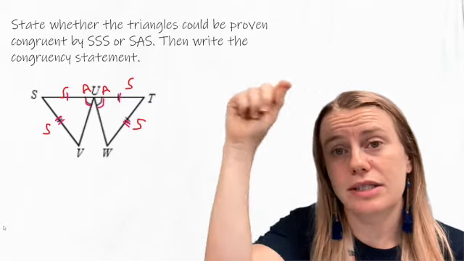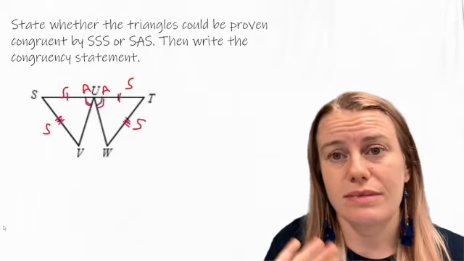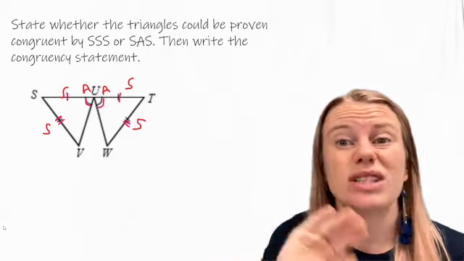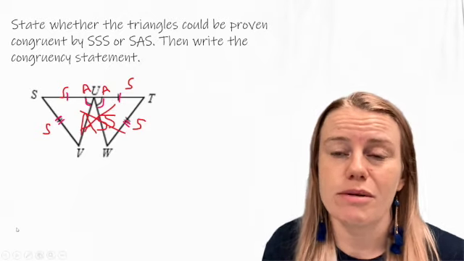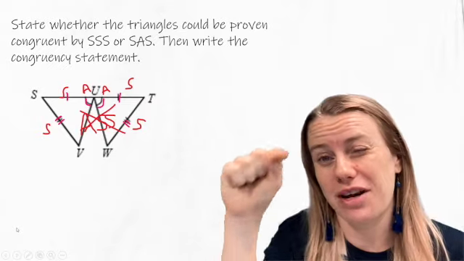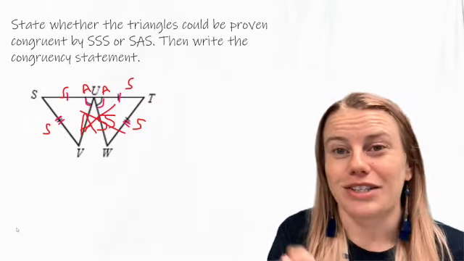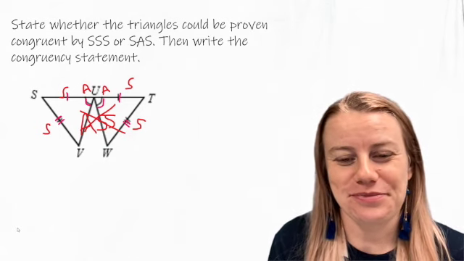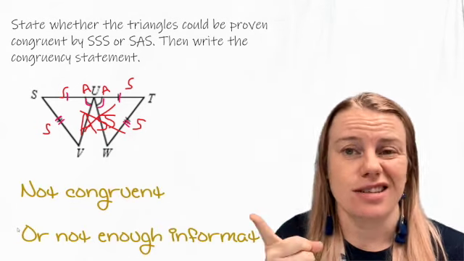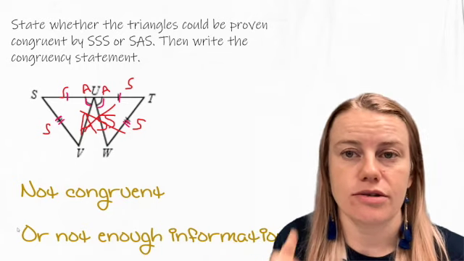That angle is not in between those S's, so this isn't congruent, or we don't know, there's not enough information. So remember, if you see ASS written out on your little triangles, mark it out. There is no such thing as ASS. So we say that these are not congruent, or there's not enough information. You can say either one.